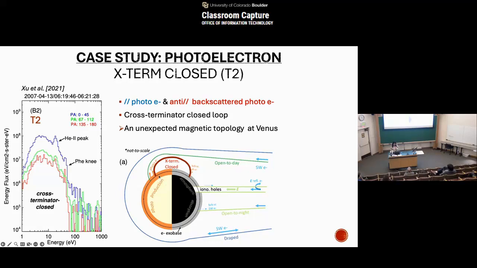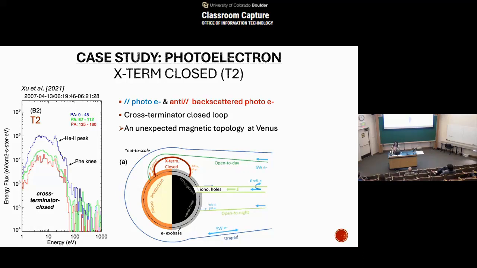So what happens is we have photoelectrons produced on the day side. They can travel along the field line and go to the night side, and then they will be lost to the atmosphere. That's what we see here. This is the flux depletion, but we still get 10% of backscatter from the atmosphere. So that's why we see a similar spectrum, but at a much reduced flux level.